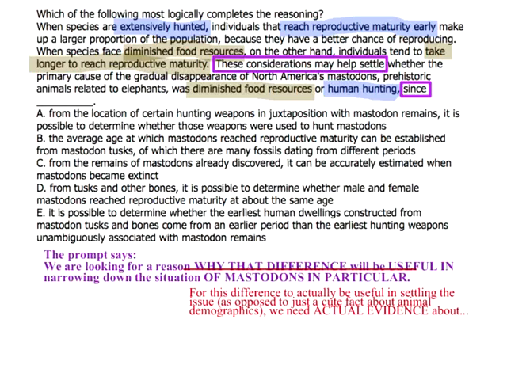Because if we don't have that, then this is just a cute fact that we can't apply. So we need evidence about when mastodons matured, how fast they did that. That's what we're looking for, some connection there.